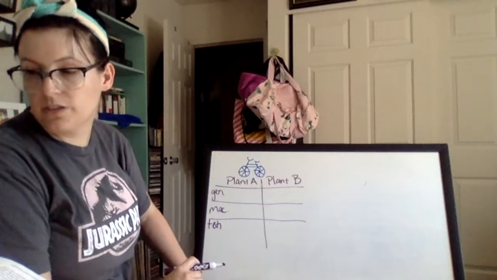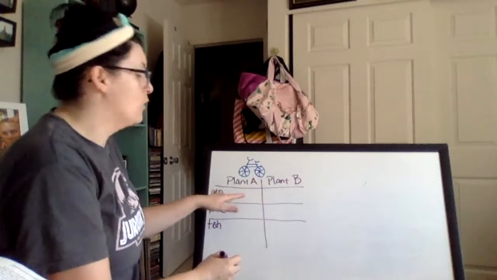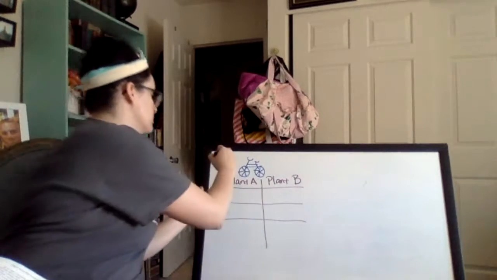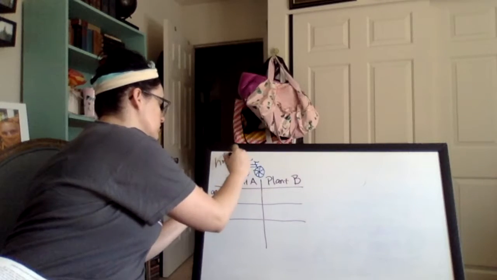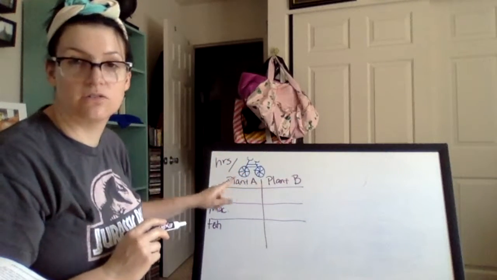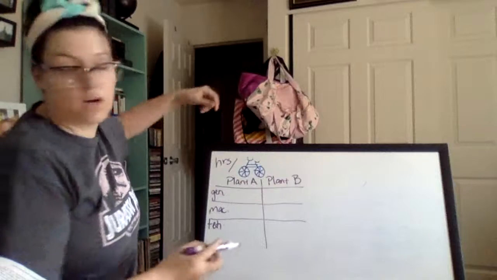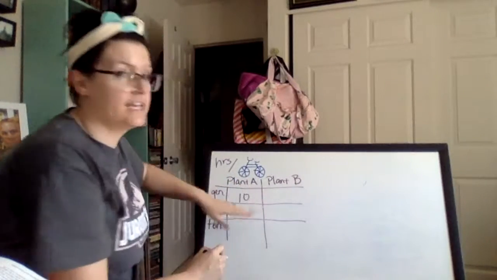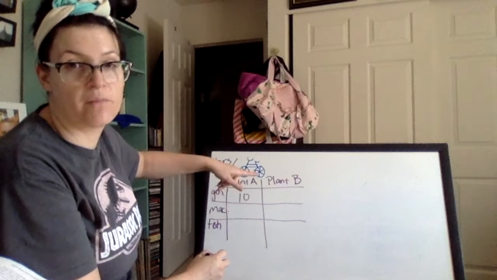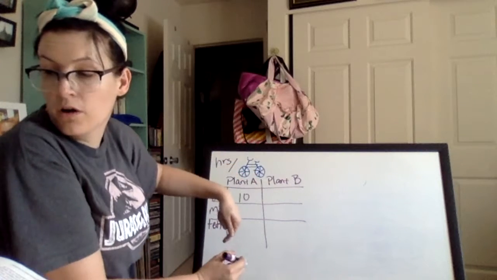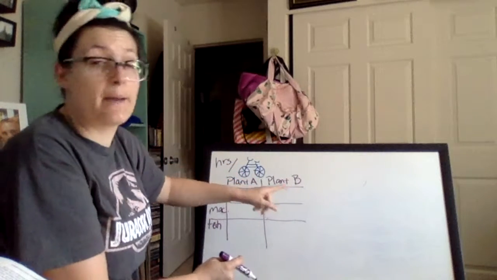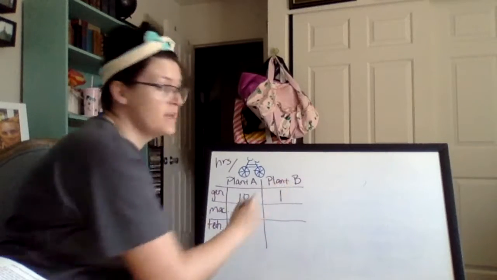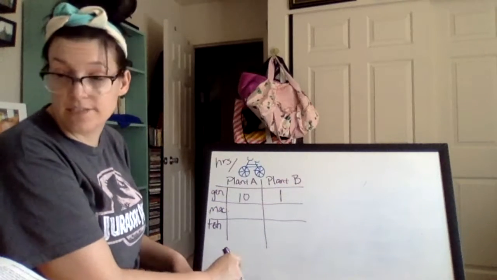Okay, so it says hours per bicycle in each plant. So of general labor, plant A takes 10 hours for one bicycle. For general labor for plant B, it takes 1 hour for each bicycle.